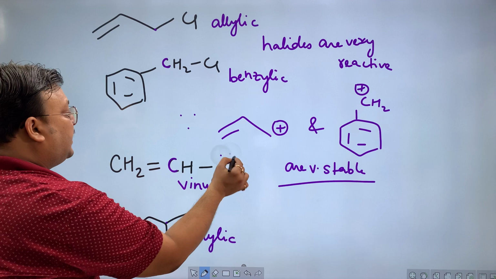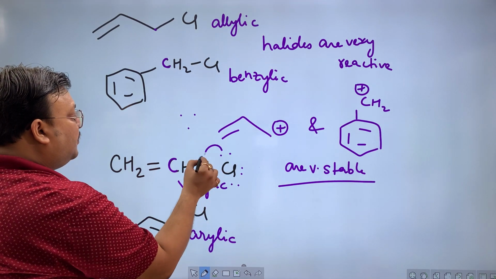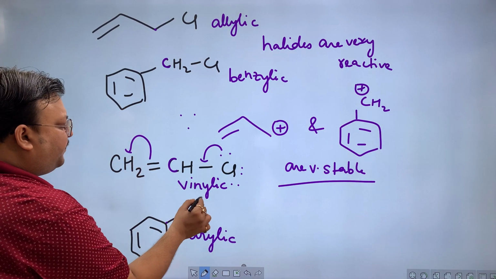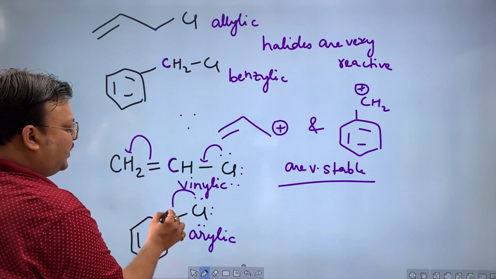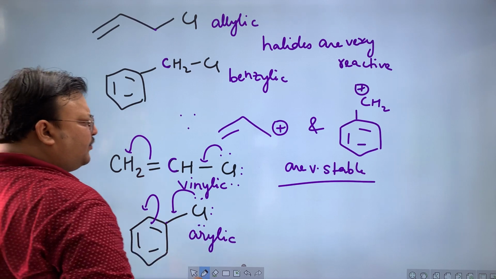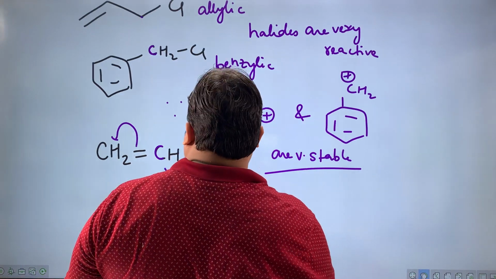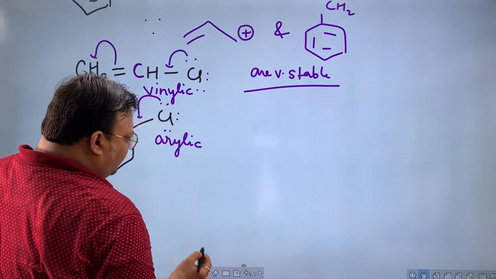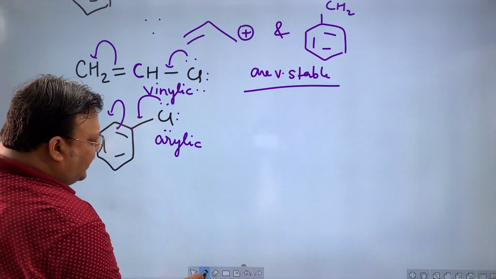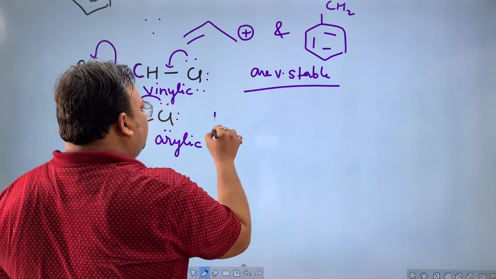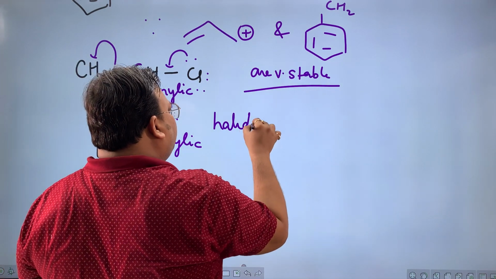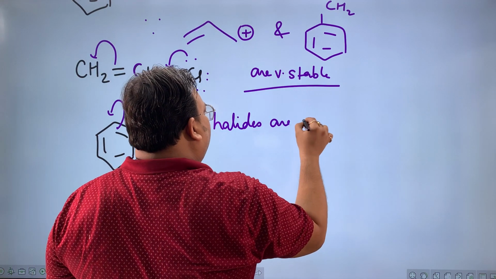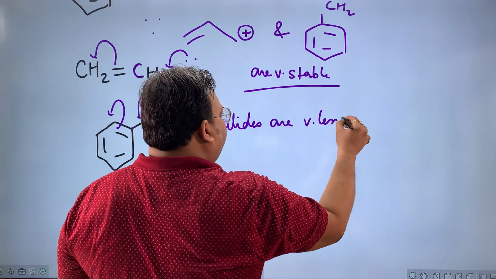Now here something different will happen. See, the lone pair here will resonate. Chlorine has 3 lone pairs, and this resonates. I am not drawing all the resonating structures. What I am trying to make you understand is, first of all, vinylic and aryl halides are going to be very less reactive.